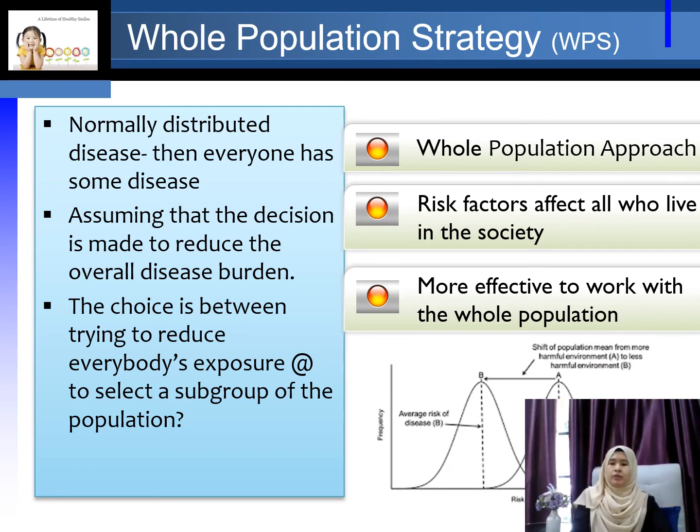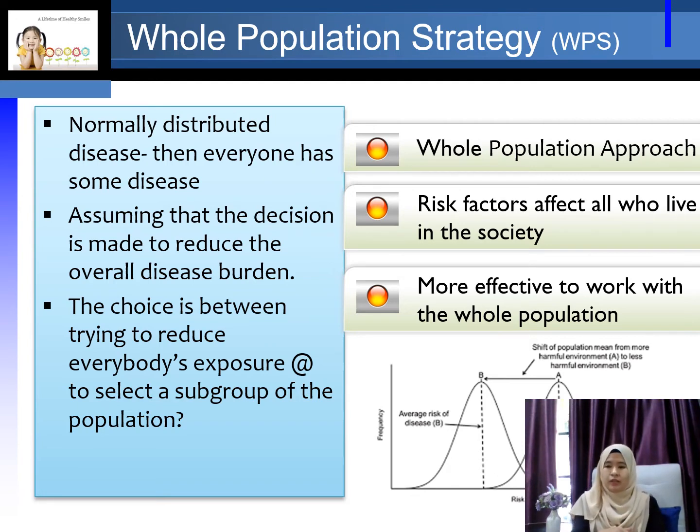In a normally distributed disease, everyone has some disease. Assuming that the decision is made to reduce the overall disease burden, as I said in the previous slide, an example of a whole population strategy is water fluoridation.